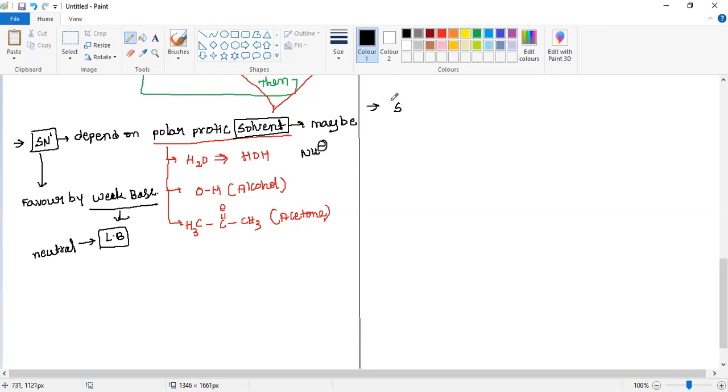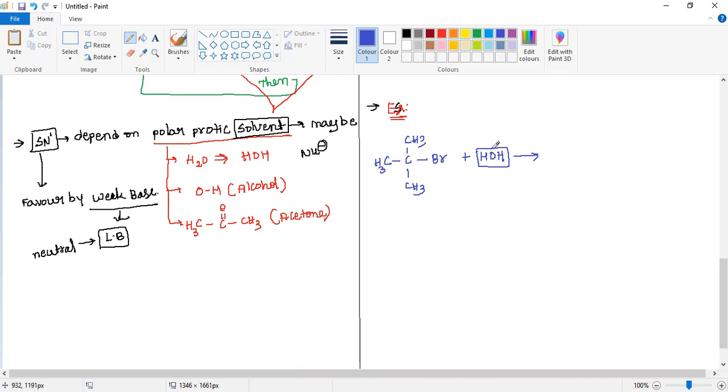See the example for this point. Here I am writing. Chalo beta, this is one of the examples I have taken. What type of solvent is taken? HOH. It can act as a Lewis base, neutral or weak base, as an example of a polar protic solvent, and that polar protic solvent may be the nucleophile.